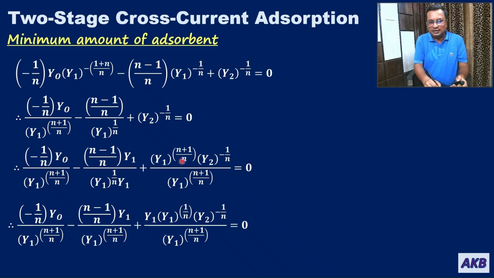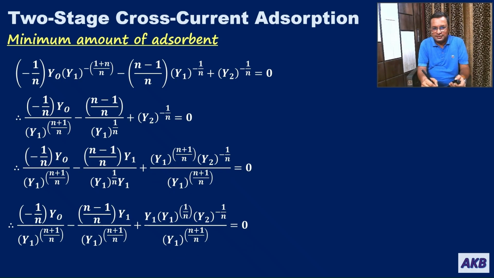I am separating the power. So it is Y1 raised to 1/n into Y1 into Y2 raised to minus 1/n. So I have separated this term, the power. So it is capital Y1 into capital Y1 raised to 1/n. So this is nothing but capital Y1 raised to (n plus 1)/n.